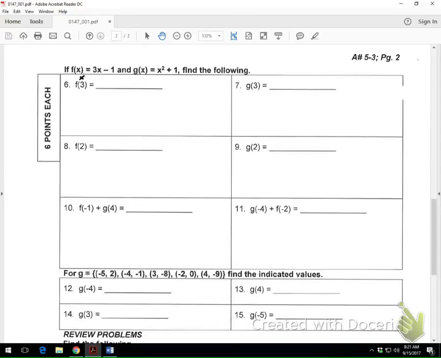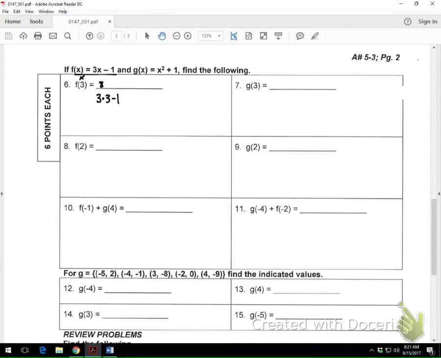So f of 3, what am I going to do with that 3? I'm going to plug it in to the f of x equation. 3 times 3 minus 1, which gives me 8. That's how you do that. So that's how you're going to do 6, 7, 8, and 9. Just plug them into their equation and solve.